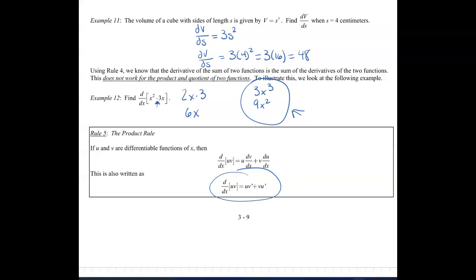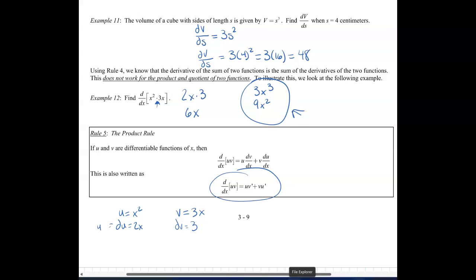And how that would work on example 12, for example. My u in this case would have been x squared, and my v in this case would have been 3x. So then my du would be 2x, and my dv should have been just 3.